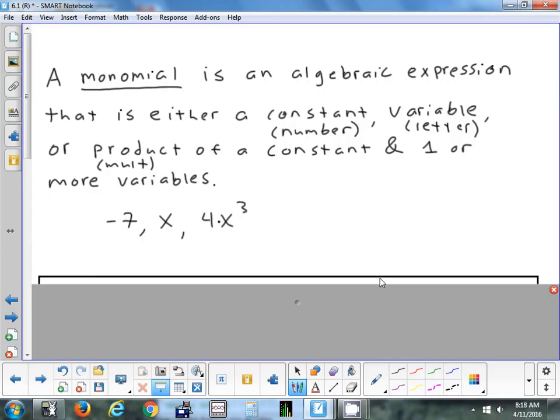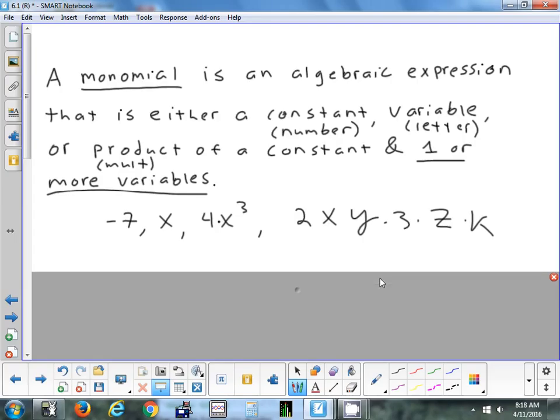How about if I did 2xy? Does it say I can have more than one variable? Yeah. One or more variables. As long as you're multiplying, you can multiply as many things as you want. That's still a monomial. That's just one giant monomial.